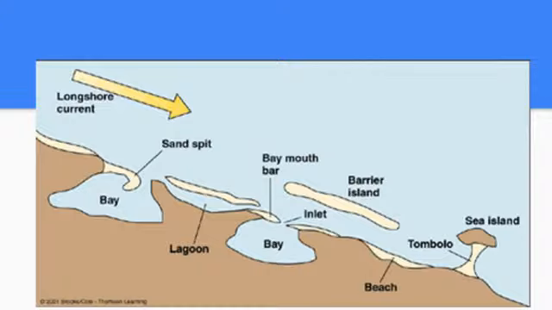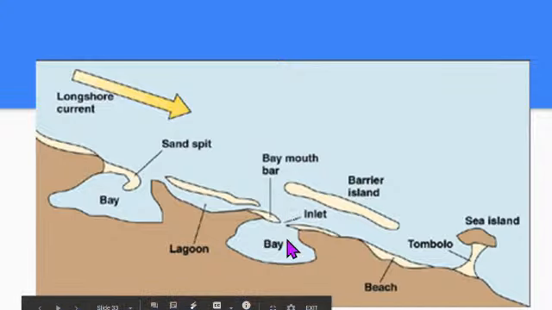We have a bay here, a spit here, a lagoon which is behind this bar. We have a bay mouth bar, a little inlet for the water to come in, which gives us a bay. We have a barrier island, a beach here, a tombolo, and a sea island.